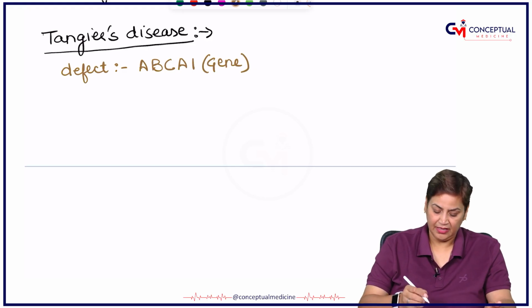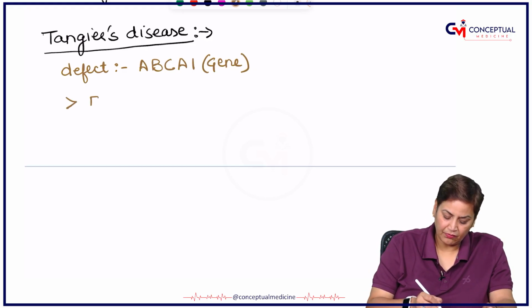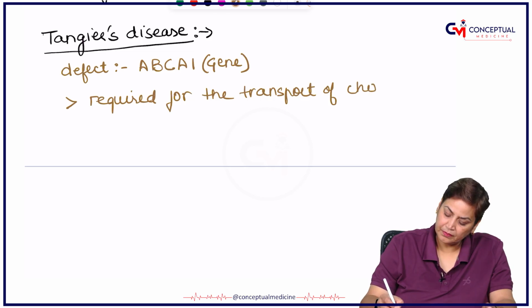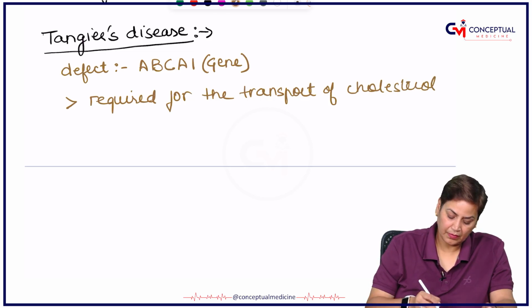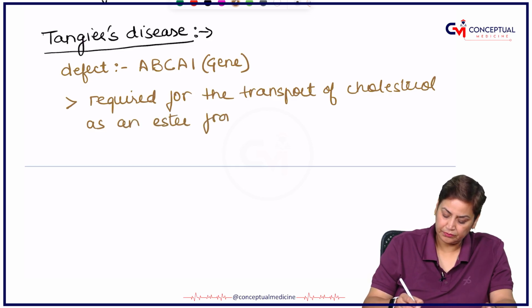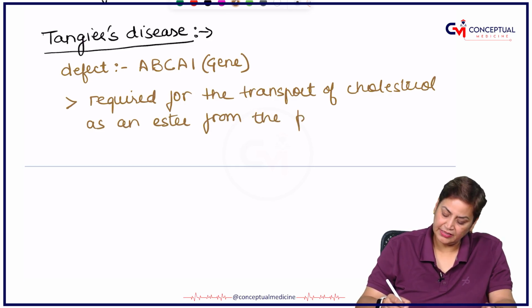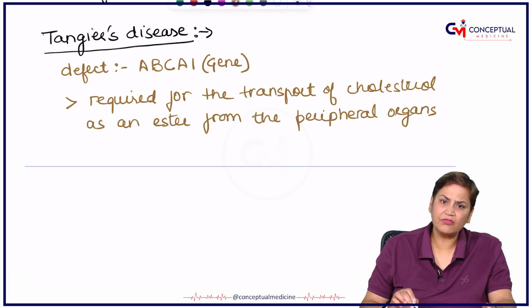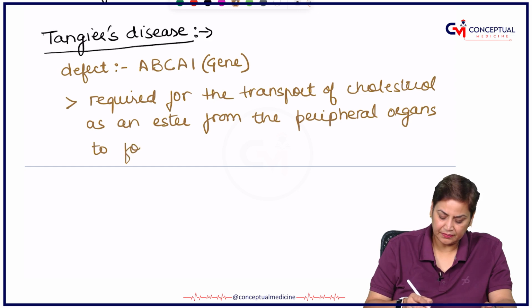Simple concept: it is required for the transport of cholesterol as an ester from the peripheral organs to form HDL.